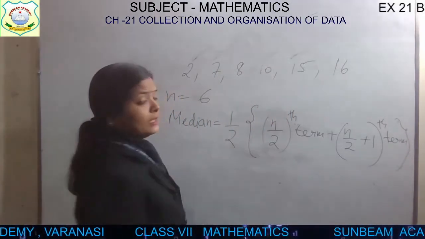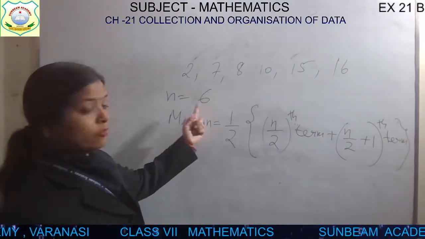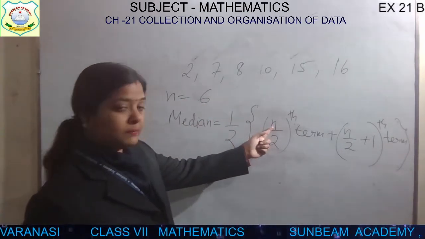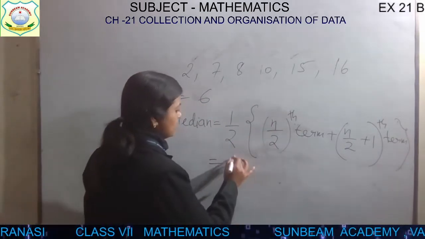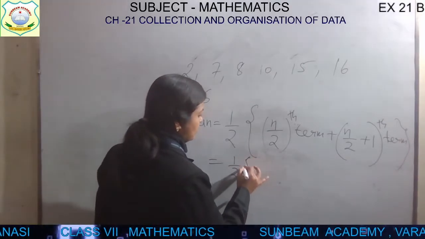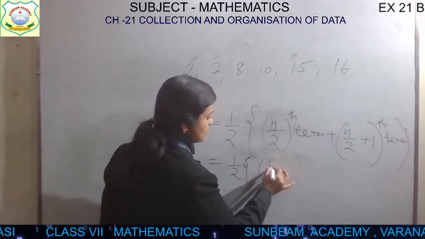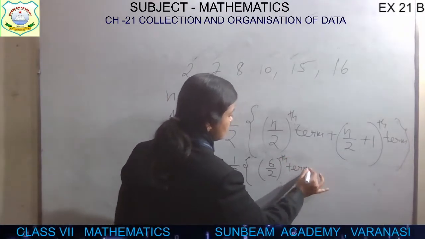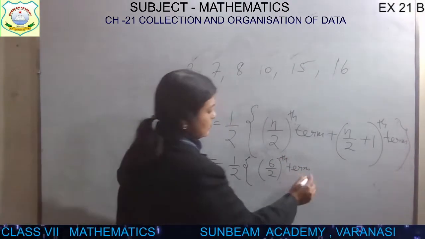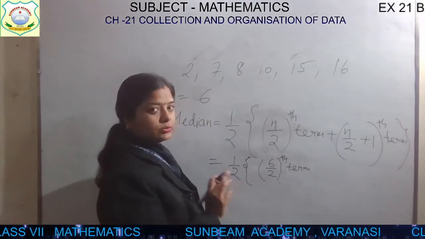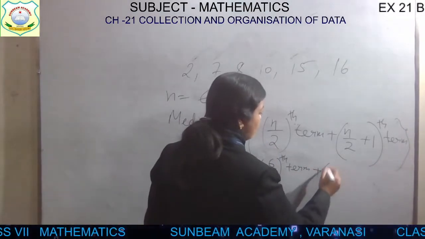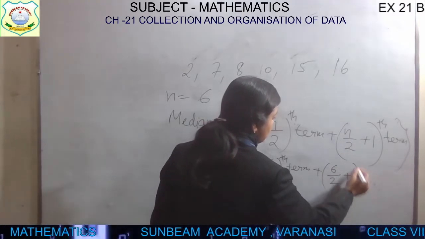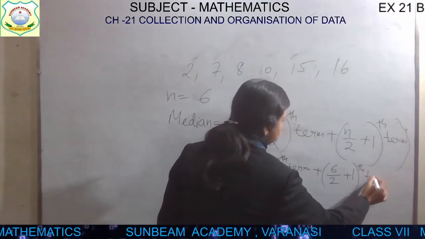So what is n here actually? N is the number of observations. It will be 6. When you write, it will be half, and n is what? 6. So you will write 6 by 2th term, otherwise again you will make some mistake. So now n is again 6 here, 6 by 2 and then plus 1, then th term.